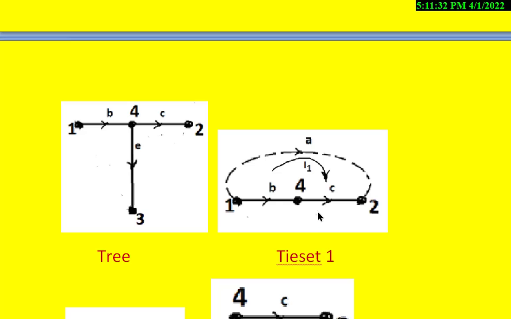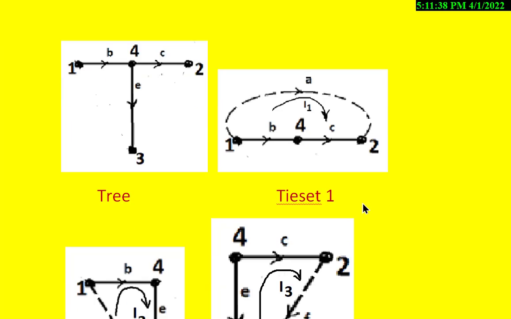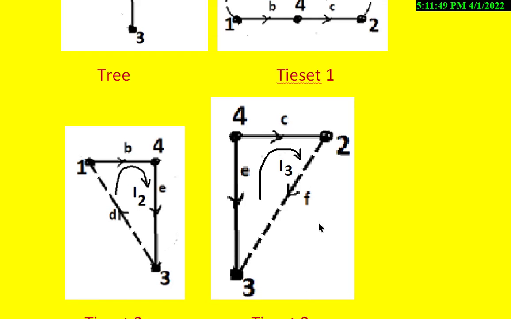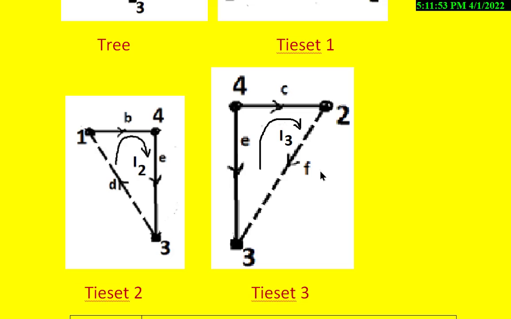That is here B and C are twigs, meaning thick lines, whereas A is the link. Similarly, Tieset 2, B and E are twigs, whereas D is the link. Similarly, Tieset 3, E and C are twigs and F is the link.